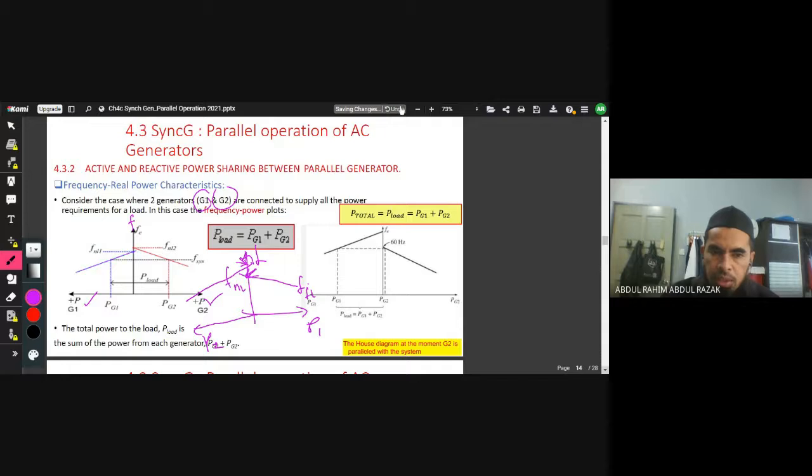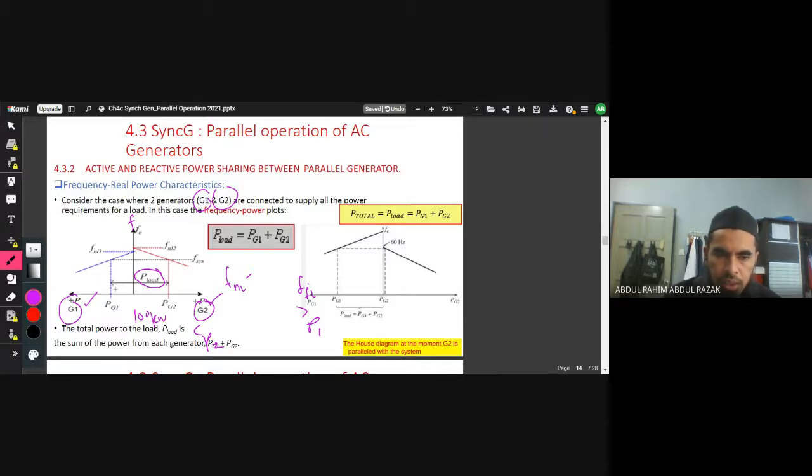Okay, let's say we have this G1 and G2 in parallel over here. The total power delivered to the load, let's say we need a total of 100 kilowatt. P is in kilowatt.